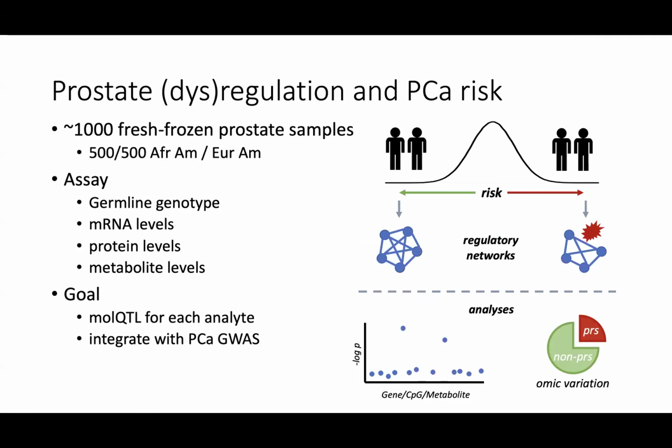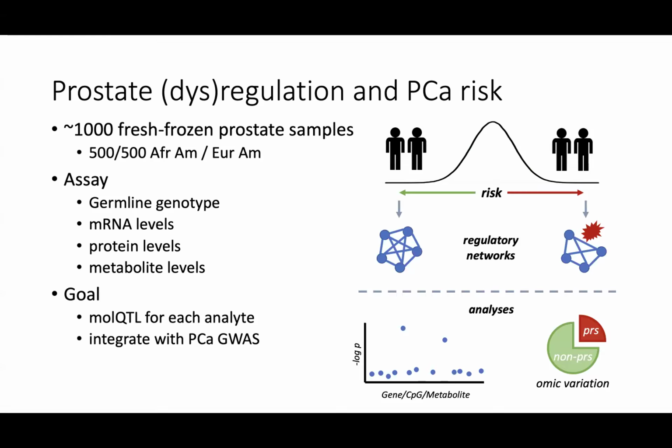Additionally, a lot of the efforts in my group isn't just highfalutin evolutionary stuff. Bringing it back to some very practical matters, we work a lot in prostate cancer, or the genetics of prostate cancer through collaborations here and elsewhere. And so one of the things that we're doing is we're generating a large amount of molecular data in diverse ancestry individuals, where we'll have mRNA, protein levels, metabolite levels together with germline genetics.